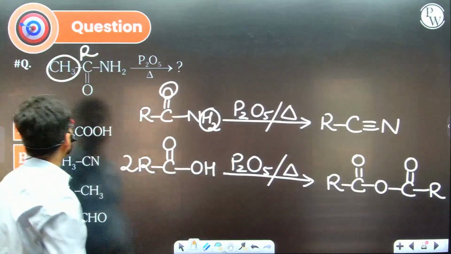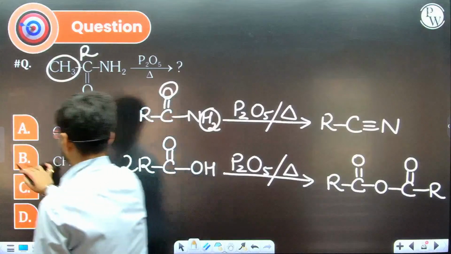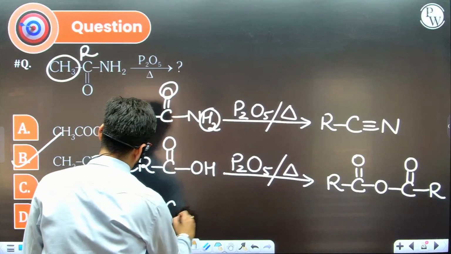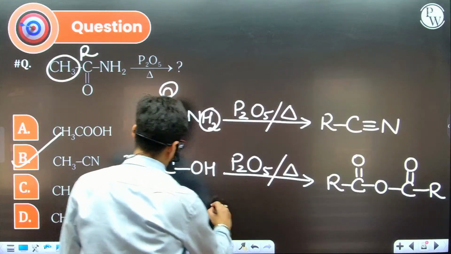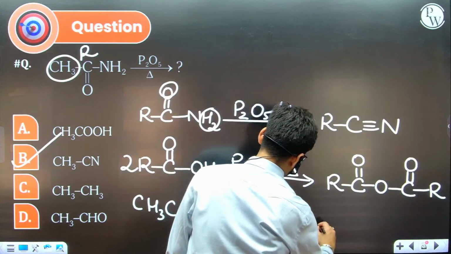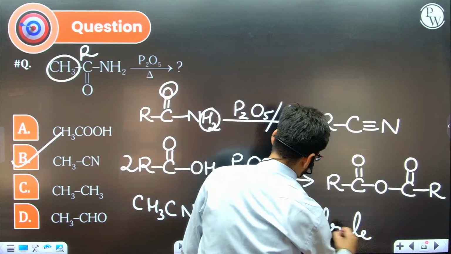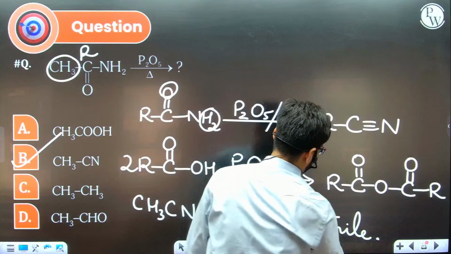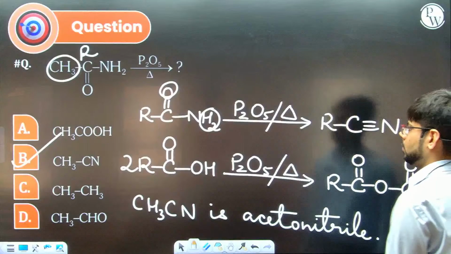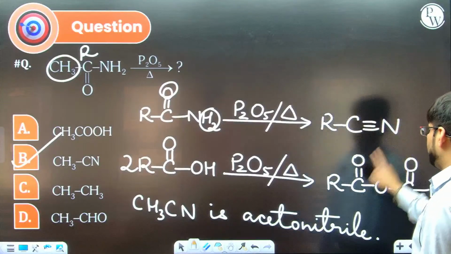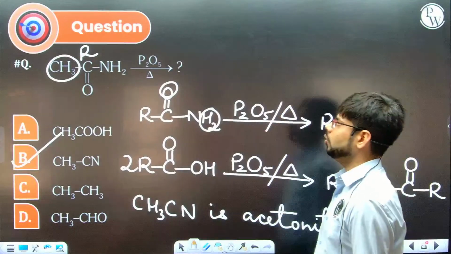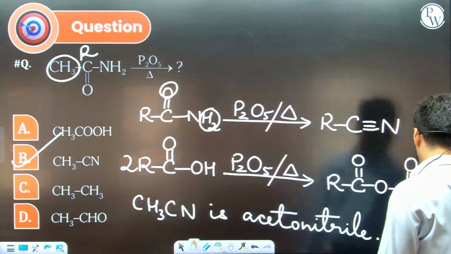CH3 is R. So CH3CN. So B is the correct answer. CH3CN is called acetonitrile. Right? So this is nitrile, this is anhydride. In both these reactions, P2O5 is acting as a dehydrating agent.